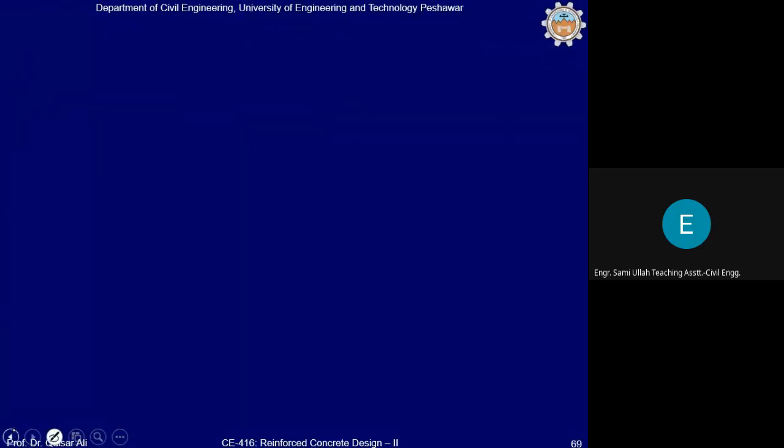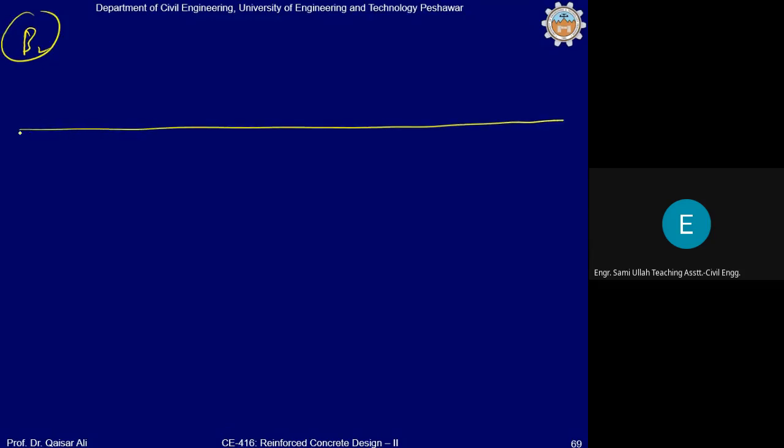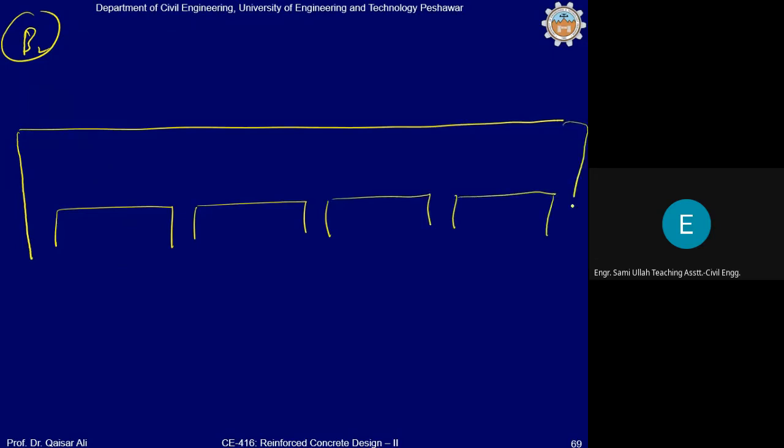Similarly, if we draw beam B2, it will look like this. Okay.